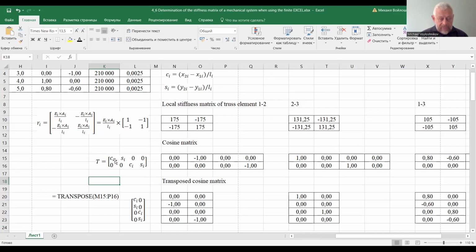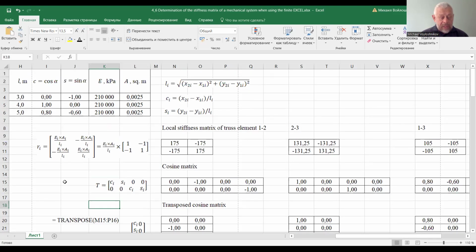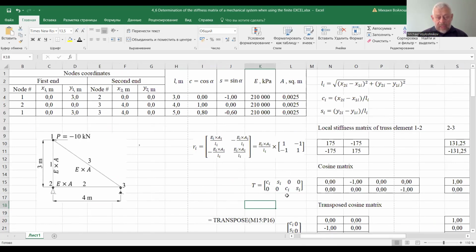The cosines, the first two elements of the first row of the cosine matrix and the last two elements of the second row, we can take from the table of the geometrical characteristic assignment. We have the cosines and sines. For example, for the first finite element, we have cosine 0, sine -1, the sine of the angle of inclination of the first finite element to the abscissa axis.